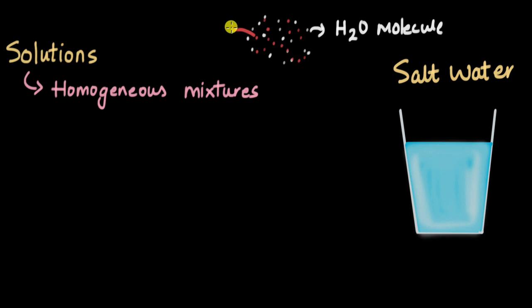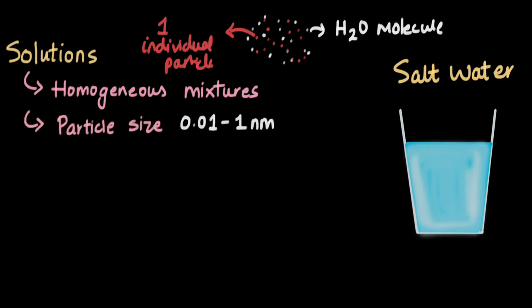So this is one individual particle or ion of, let's say, NaCl, right? Each particle of NaCl, of salt, is taking up the space between the water particles. So that is what it means when we say something is dissolved in something else, in this case salt into water. So this is the first characteristic of solutions.